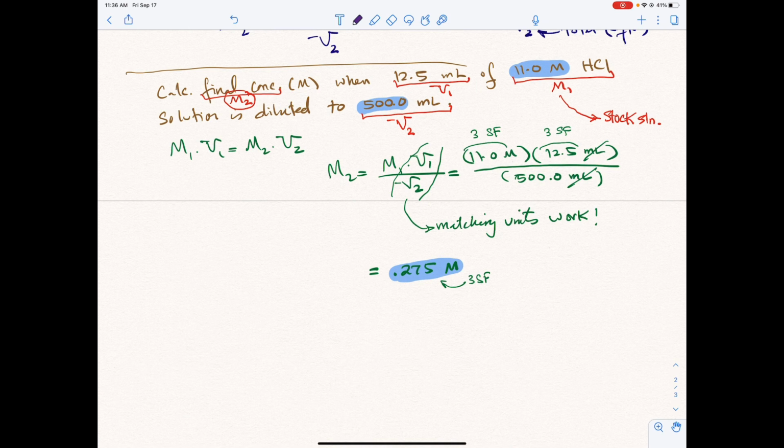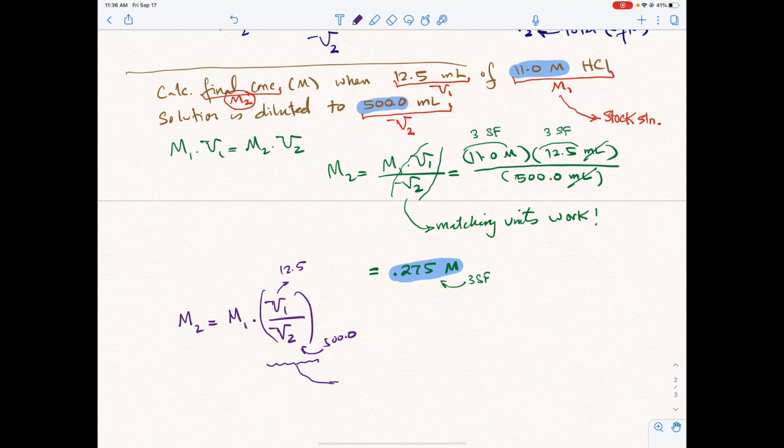And there is another way of expressing what we just did that I kind of referred to, but I want to mention in more detail. So I wrote the equation also in this way above. My V1 was 12.5. My V2 was 500. So this ratio is called a dilution factor.